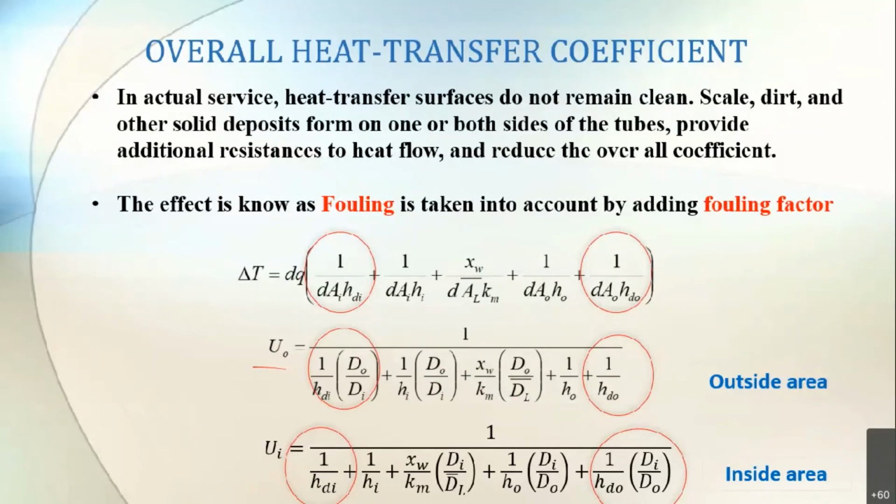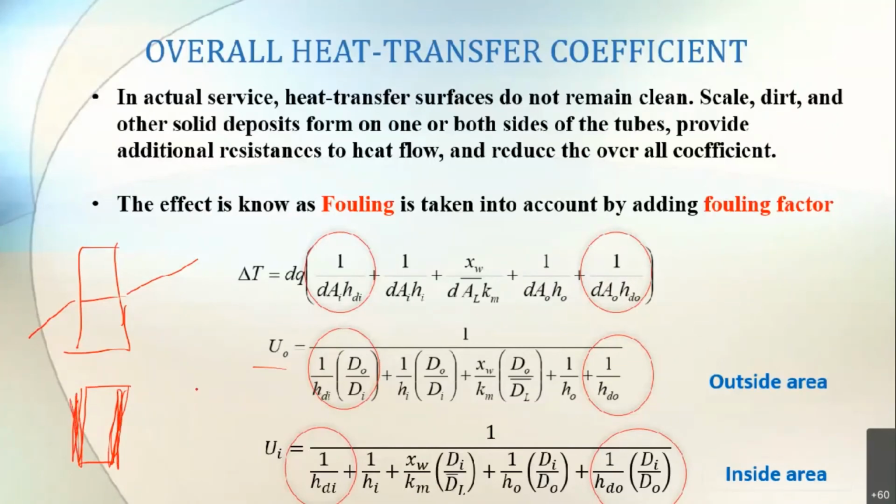Let's say this is your cross-sectional area just now. Initially you will have hot liquid, and then convection, conduction, and convection. But after a while there will be fouling, meaning that sometimes there will be some kind of sedimentation on this wall and also on this side of the wall.